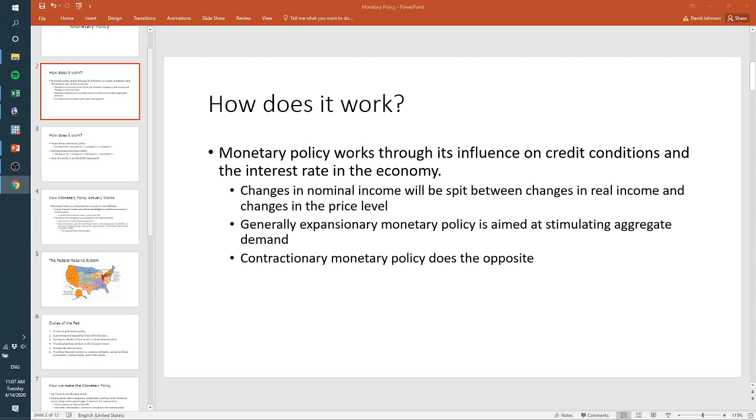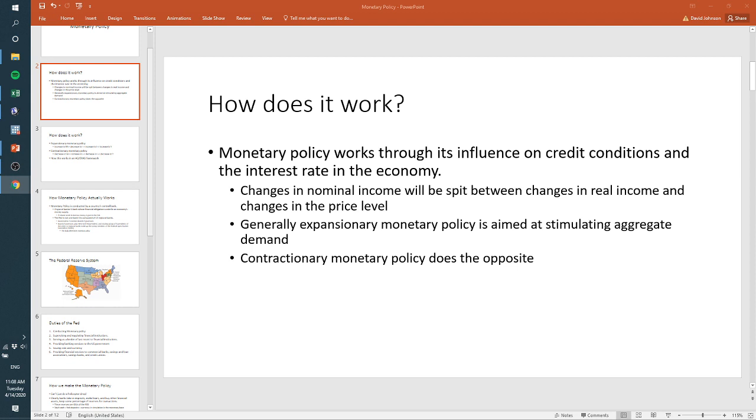So can somebody answer this question? What do we expect to happen to unemployment if the government engages in contractionary monetary policy? No guesses? All right. Well, let's give it away.